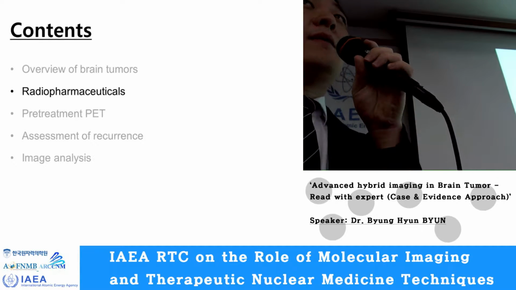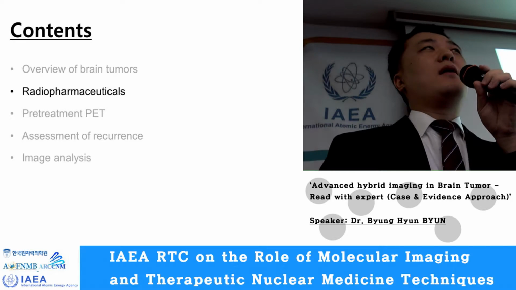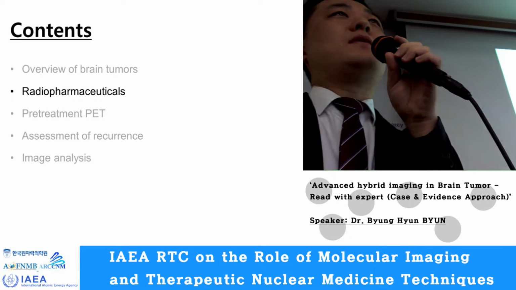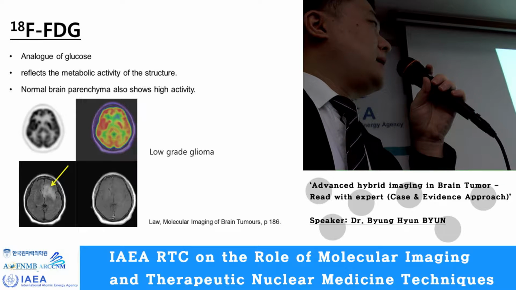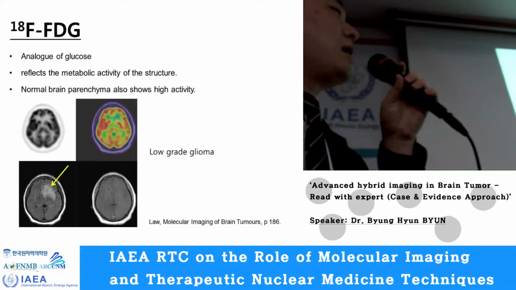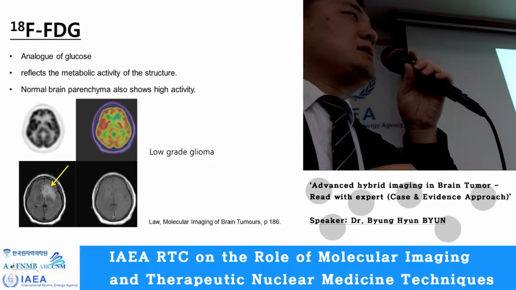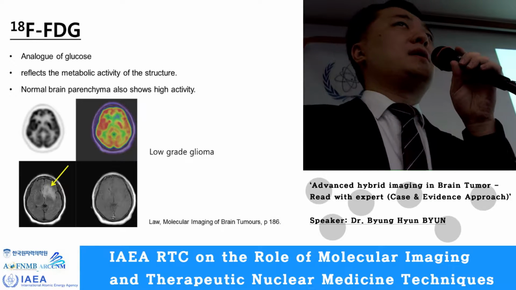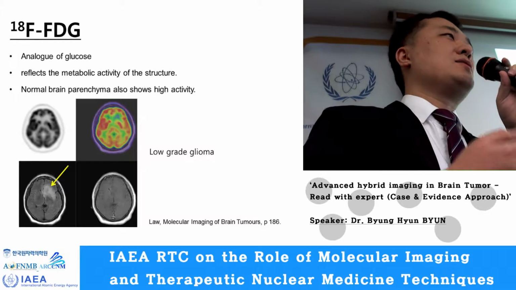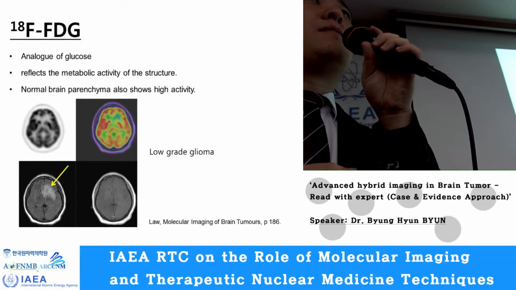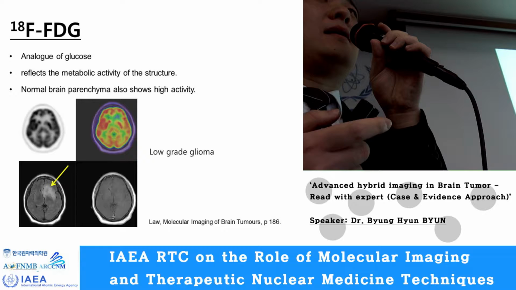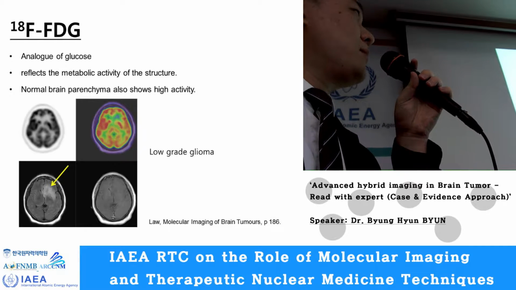From now on, I will talk about the radiopharmaceuticals for brain imaging in cancer. F18 FDG is the most commonly used radiopharmaceutical, as you know, in oncology, so it is also used for brain imaging in brain tumors.